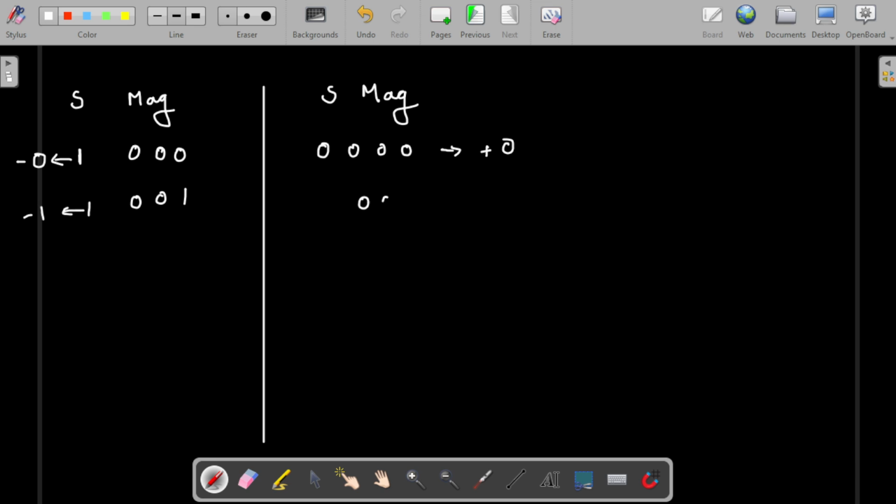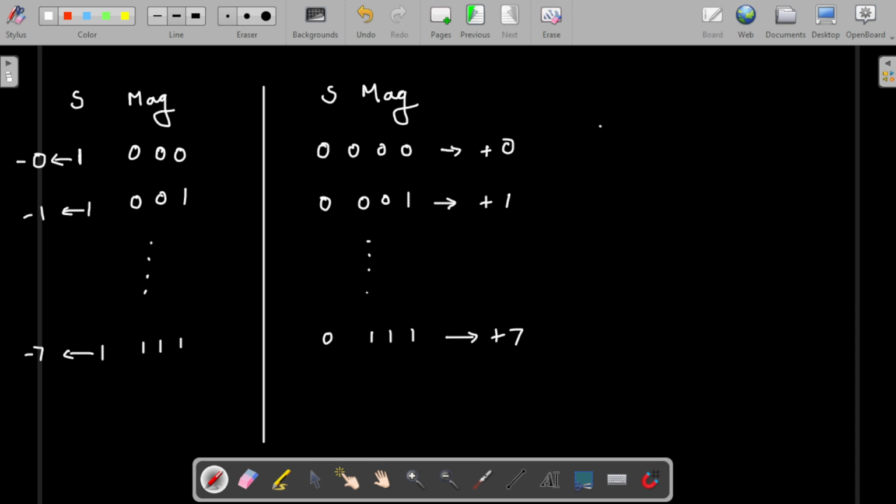And if the sign bit is 0, then we call it positive 1. Similarly, if we follow this terminology up to the last number, 1, 1, 1, if the sign bit is 1, then that is minus 7. If the sign bit is 0, then that is positive 7. This is the representation followed in sign magnitude representation.